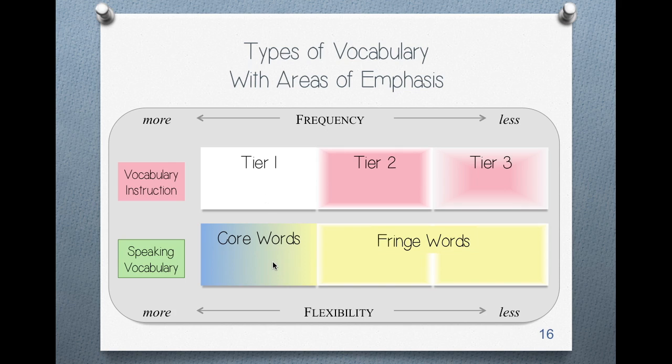That's good to know, because quite honestly, a lot of times I will talk about using tier 1 words, which is a familiar term to educators, as opposed to saying core words, and that can be a little bit more accessible for folks. Just to point out too, tier 2 and 3 are entirely composed of fringe words. So there are no core words there.